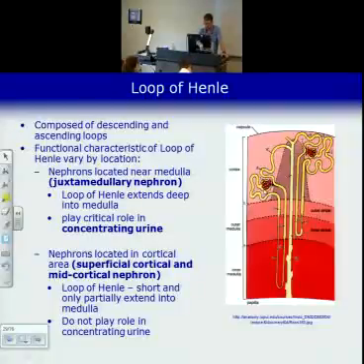Let me give you a little intro as far as concentration. It comes in at a certain level, and basically as it makes its way down, the descending and the ascending loop allow different things to go through and other things not to go through. And as it goes down, water is allowed to be pulled out, so it gets more and more concentrated as it gets pulled down here.